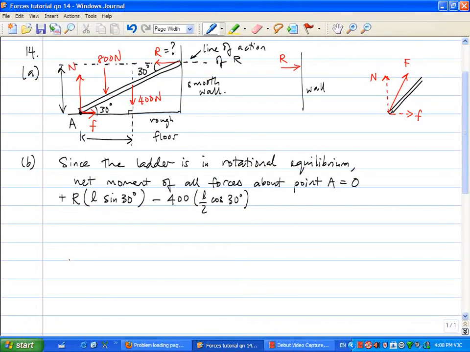Finally we have the 800 Newton force. We also calculate the moment of the 800 Newton force about point A. Similarly, the perpendicular distance of this line of action is this distance, which is L upon 4 cosine 30 degrees. So the moments of these three forces, R, 400 Newton and 800 Newton, about point A will sum to 0.